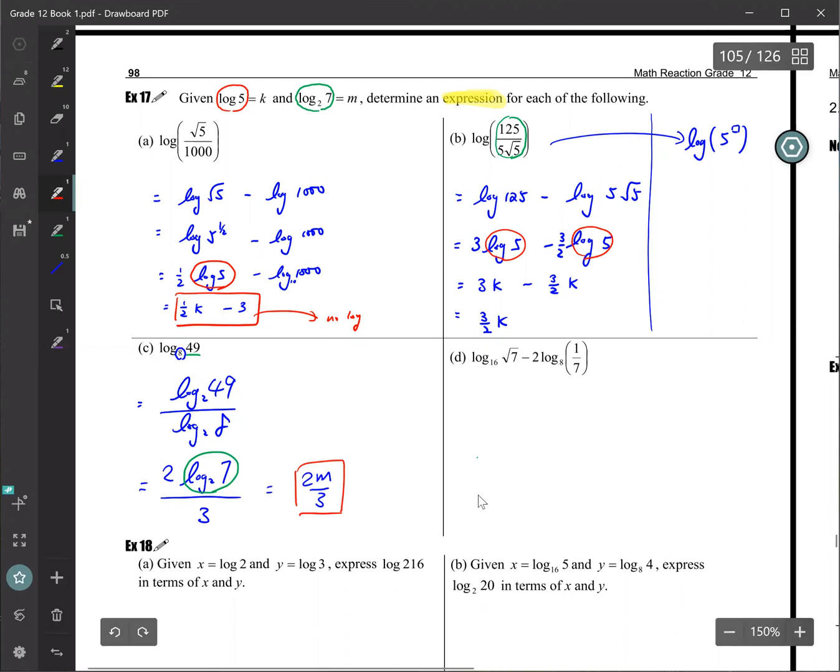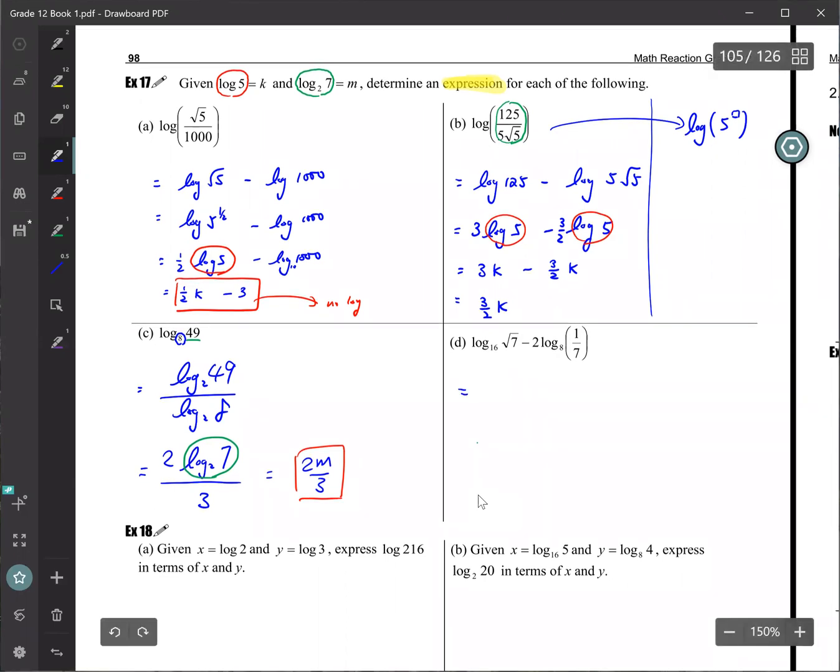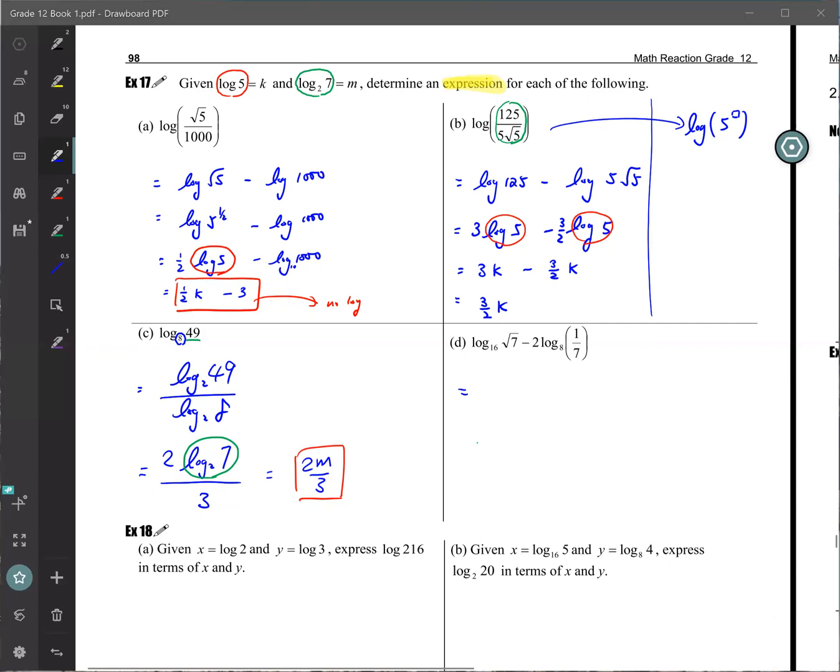Okay, this time by yourself. If you have questions about C, you can let me know, any step not clear. Question D is similar, also has 7. This one is clearer, right? They all have to do with 7. And also the base has 8 and 16. That also needs to be changed. Please raise your hand if you finish this one.